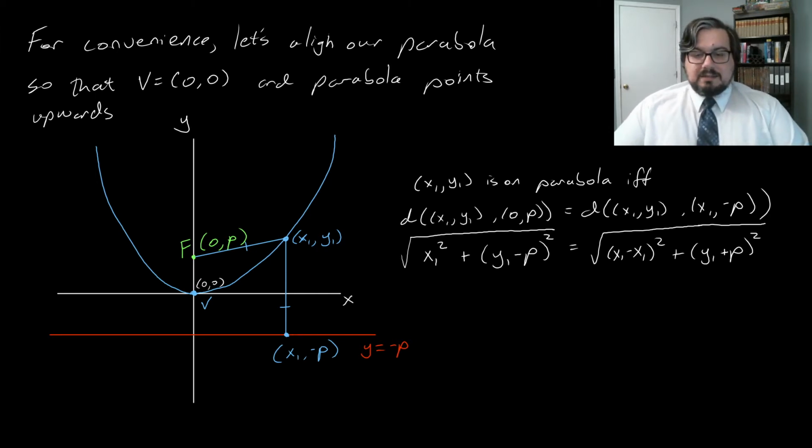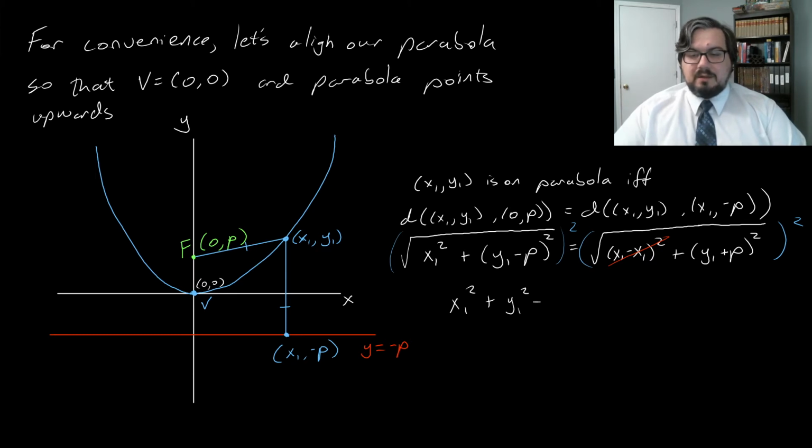So if we square both sides, we can simplify things. Also, of course, we know x1 minus x1 squared is just 0. If we square both sides, then we get that x1 squared plus, expanding this out, y1 squared minus 2y1p plus p squared is equal to, expanding out the binomial term on the right, y1 squared plus 2y1p plus p squared.